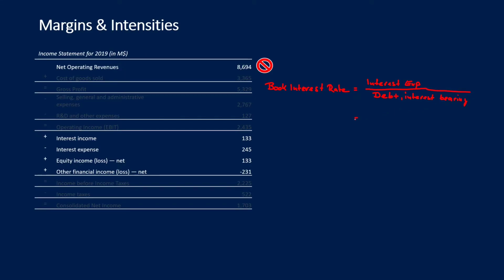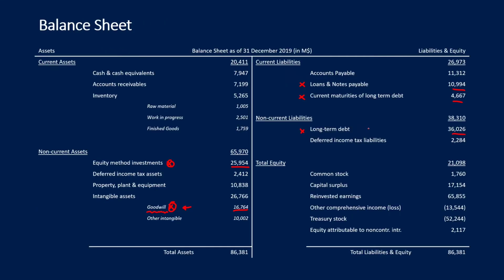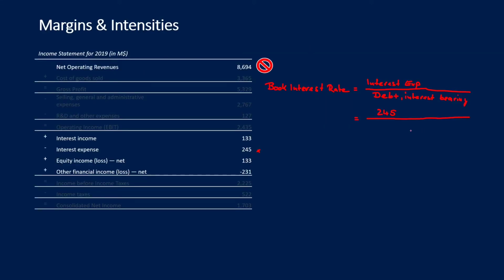Okay, so in this particular case, the interest expenses are 245, and the interest-bearing debt, I just go back to the other slide: 10,994, 4,667, and 36,026.